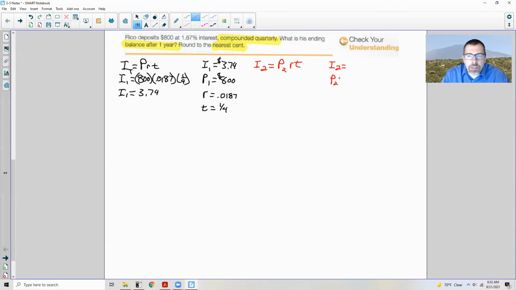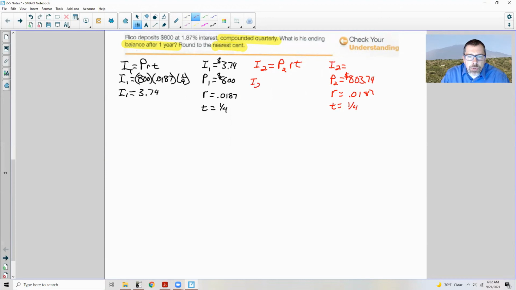And P, the second principal, is now going to be 800 plus that 3.74, which would be 803.74. Okay, so that's the one thing that changes. Now we're going to make interest off that interest. And the rate is still 0.0187, and the time is also still a quarter.